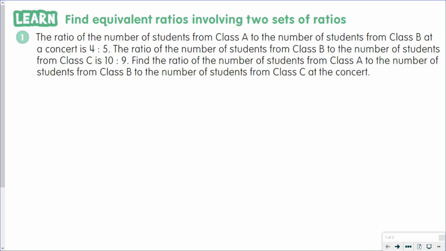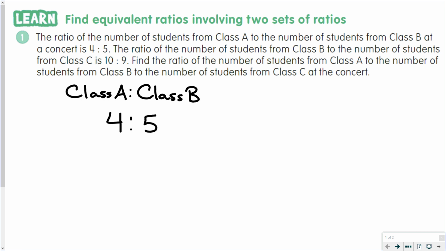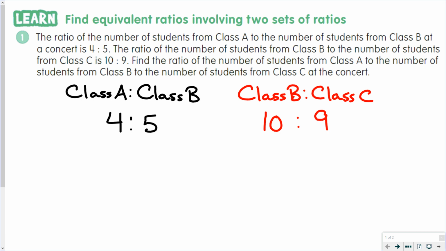Well, the first ratio we're given compares Class A to Class B, and that ratio is 4 to 5. Our second ratio compares Class B to Class C, and that ratio is 10 to 9.